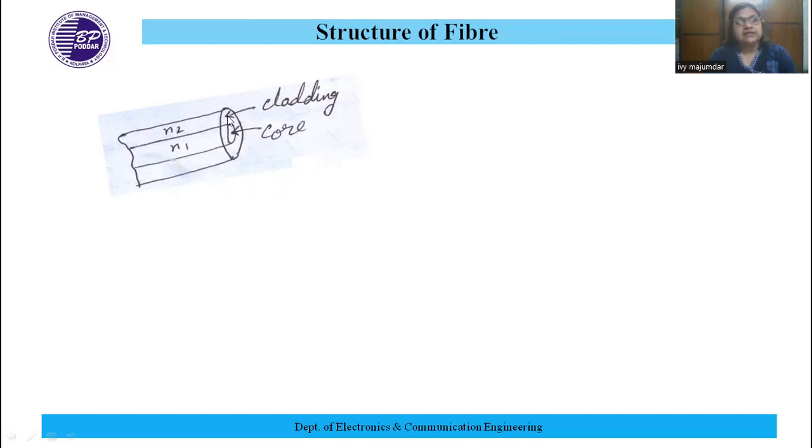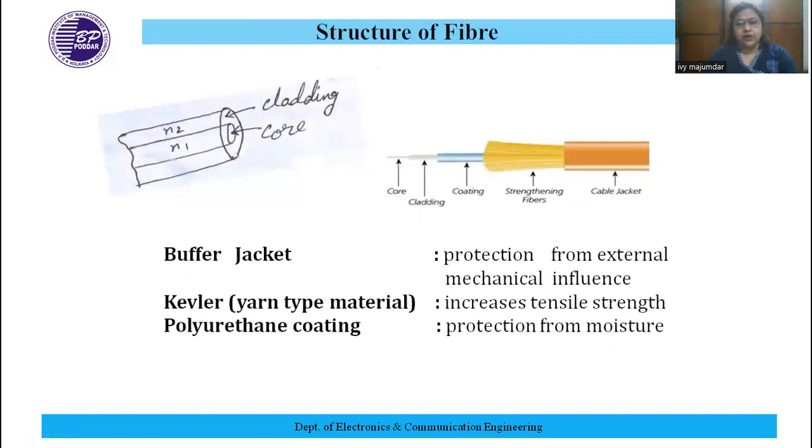Now, as the structure is very narrow, almost like a hair, to protect it from surroundings, different other layers are added, like buffer jacket to protect it from external mechanical influence, Kevlar jacket to increase tensile strength, polyurethane coating for protection from moisture, etc., etc.